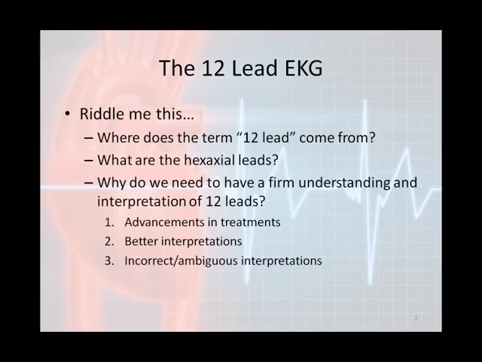Finally, the computer can sometimes provide incorrect or ambiguous interpretations. I've seen interpretations on the EKG that have read, nonspecific T-wave abnormality, consider lateral ischemia. So if you see this, do you treat the patient as if he or she was having an acute coronary syndrome or not?